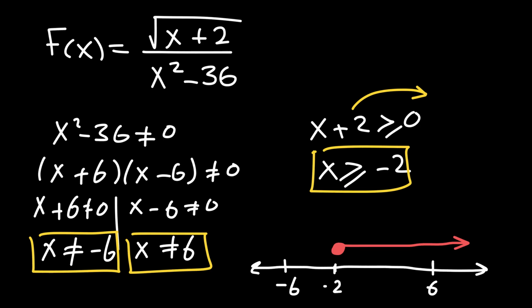So we have to make circles here as well, but this time these will be open circles because these numbers are not included in our solution, and we have to shade all the remaining area. So from here to here, from here to this side, and from here to this side.